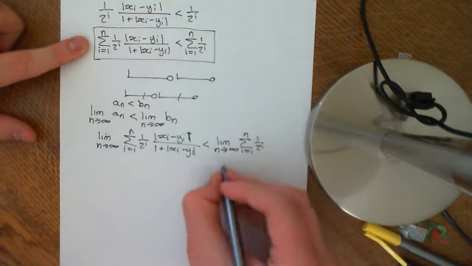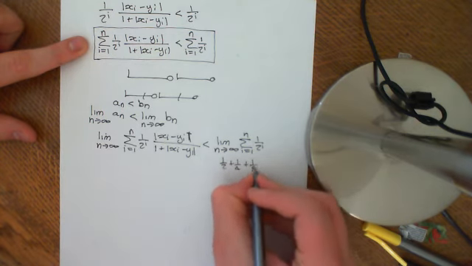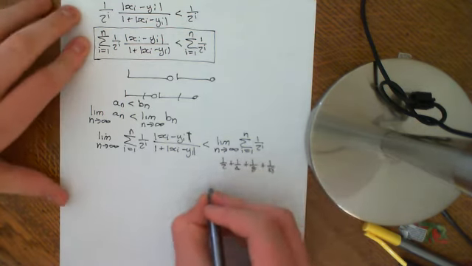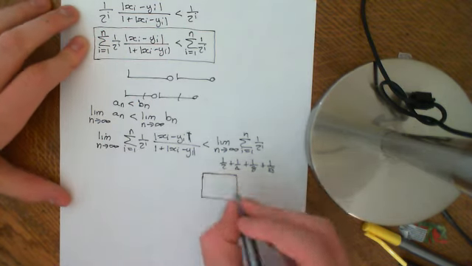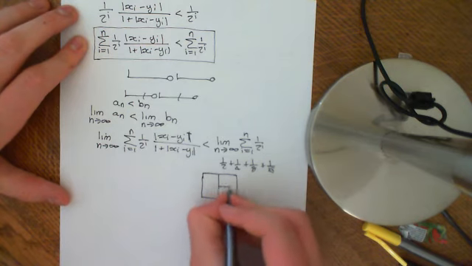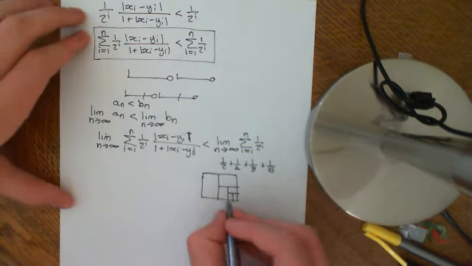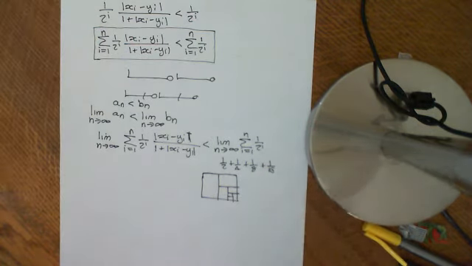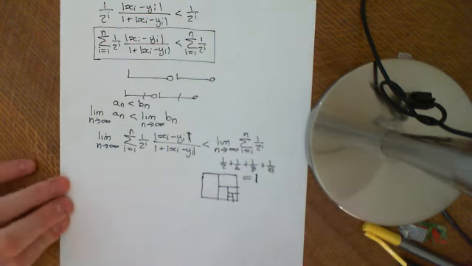This is the sum of a half plus a quarter plus an eighth plus a sixteenth. If you think about having a 1 by 1 square, you add on a half, you add on a quarter, an eighth, a sixteenth, a one over thirty-second, etc. You go on and on, and eventually you're going to fill the square, and this limit converges on 1.